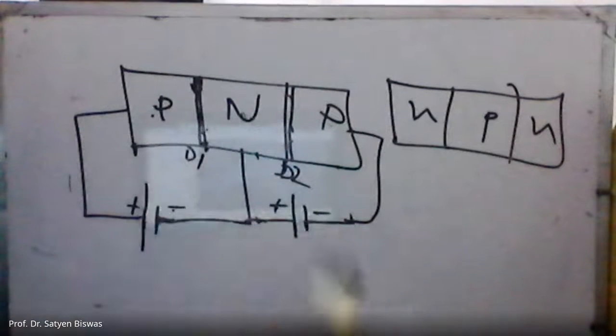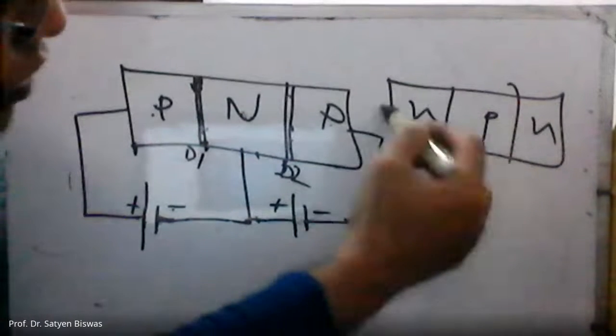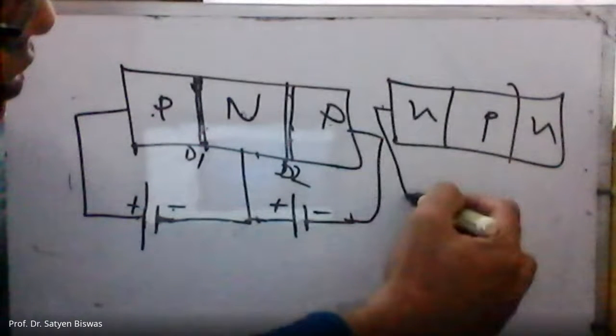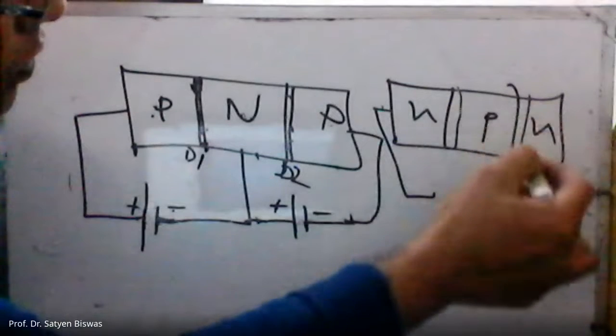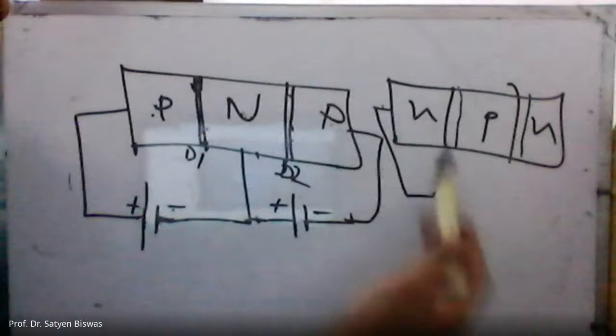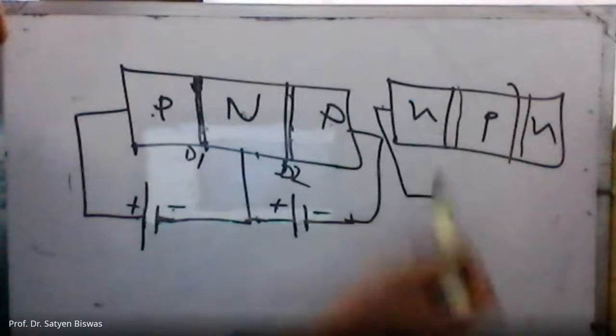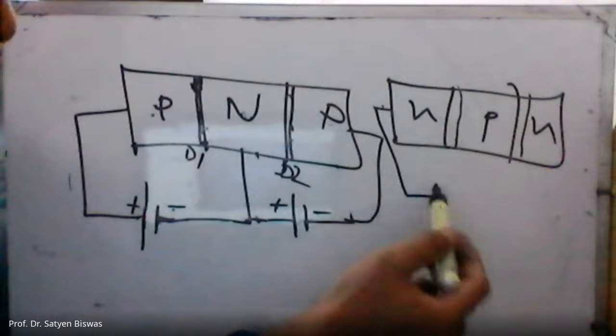If we want to make this one forward, we can do the same way. There is a junction here. Let's say the left side, normally we do that, left side forward. If you want to make the left side forward, what do you have to do?